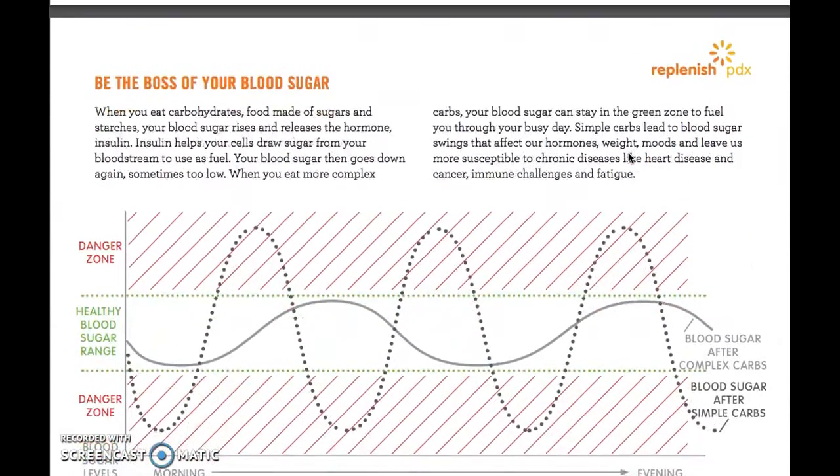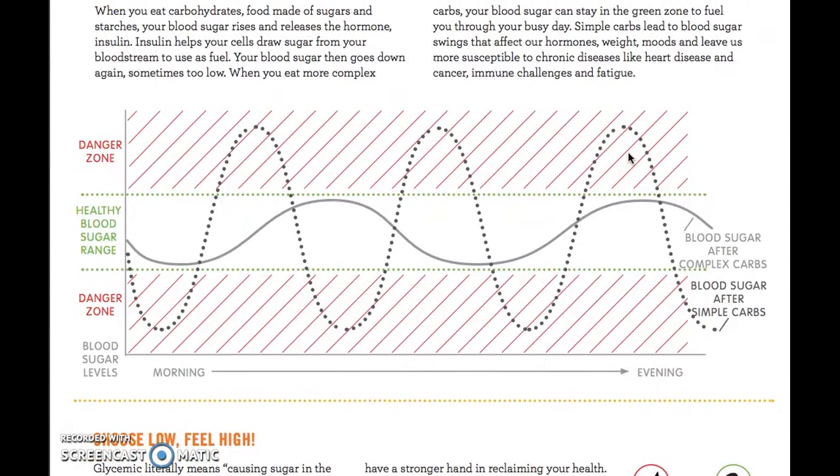So you'll see here this little graph shows you what happens when you eat carbohydrate-rich foods. And your healthy blood sugar level would kind of go up and down throughout the day depending on how recently you've eaten, but not really spiking or crashing. It's just kind of staying in this even up and down motion.